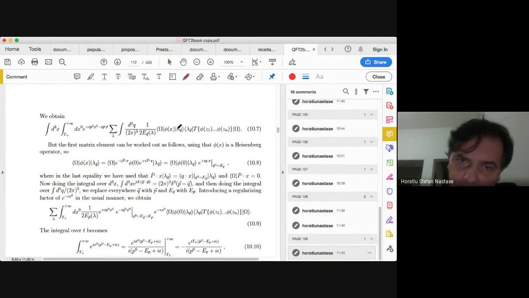So we obtain this matrix element, the true vacuum, phi of x, lambda q. And first of all, this is a Heisenberg operator, so I can write it with a translation operator this way: e to the minus ipx, phi of 0, e to the plus ipx.